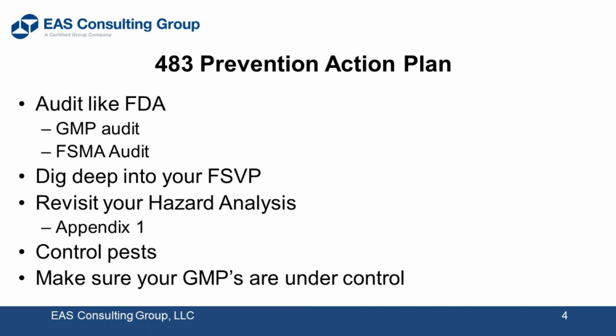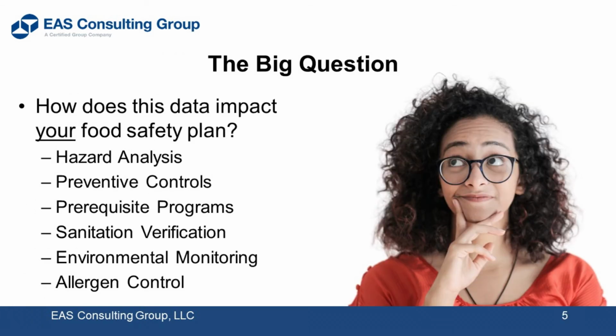Revisit your hazard analysis. Remember, it's always best to use FDA's own data and the government's own data for your hazard analysis, right? You're talking the same language with the government and the regulatory authorities for this process. What you need to think about and take away from this presentation is, how does this data impact your food safety plan?